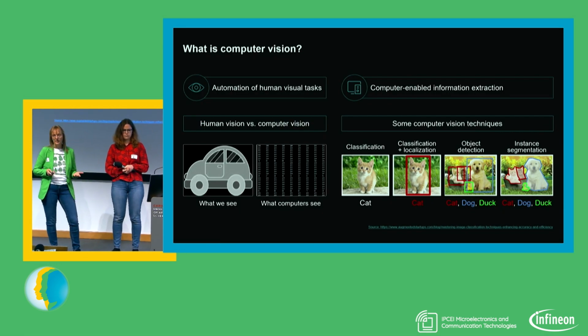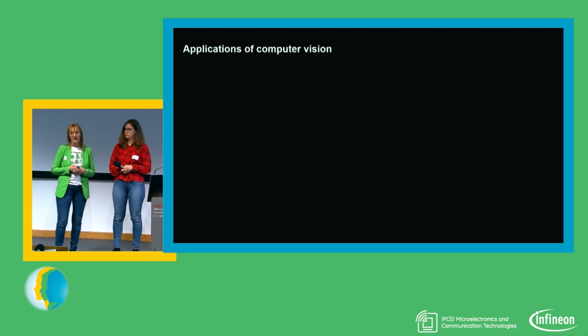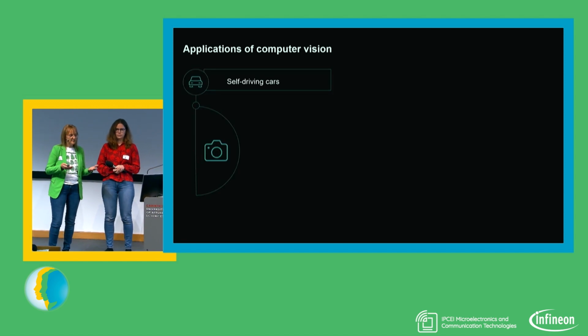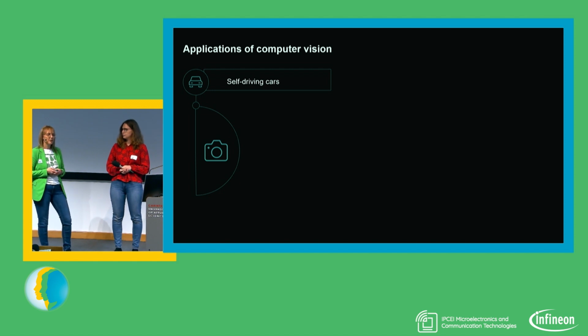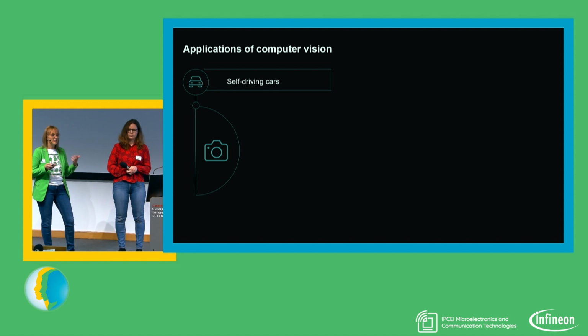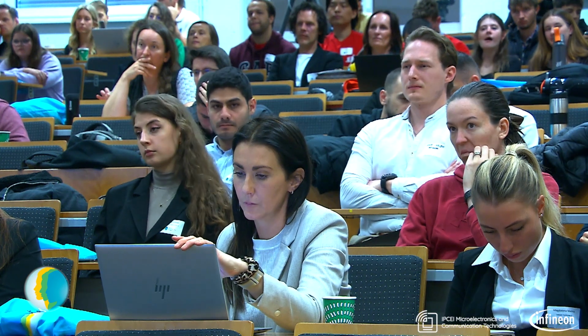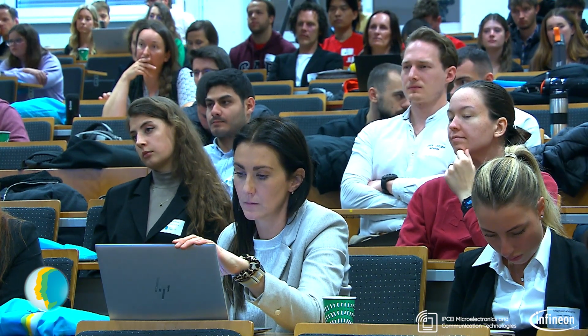All these computer vision techniques are used in various different applications. Some examples are self-driving cars, where computer vision is used to detect other vehicles, pedestrians, road markings or traffic signs, and helps you to drive safely.